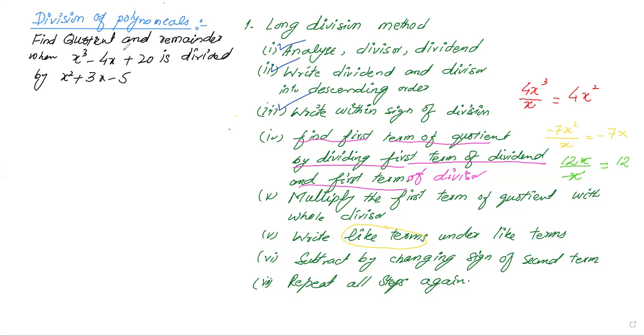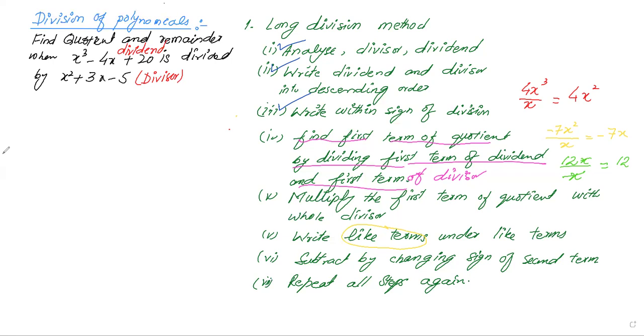So this expression is the dividend, and this expression, x squared plus 3x minus 5, is called the divisor.